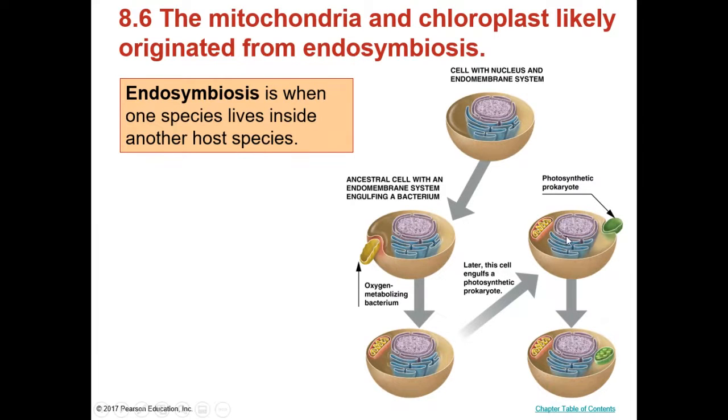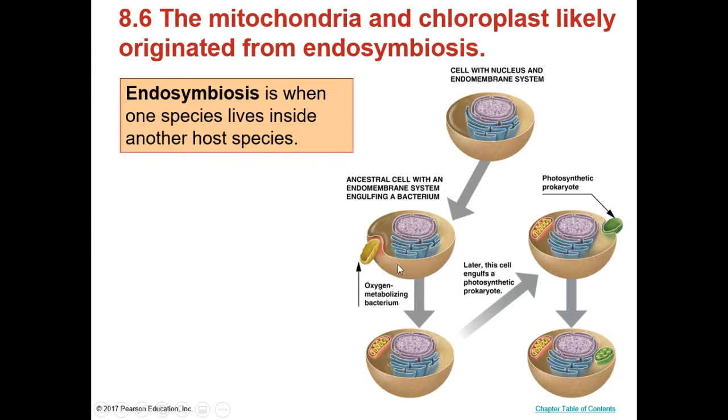So am I saying that the mitochondria and the chloroplast were once bacteria in and of themselves? Yep, that's correct. Mitochondria were bacteria billions of years ago. They were oxygen metabolizing bacteria that were ingested, engulfed, by early prokaryotes in order to form symbiotic, mutualistic relationships where they both helped each other.